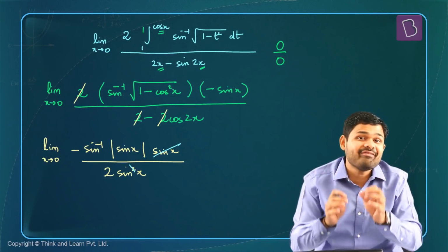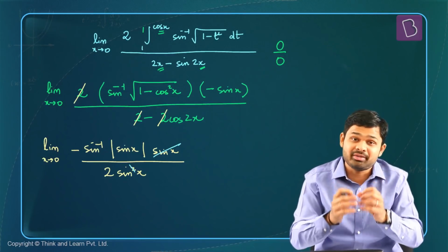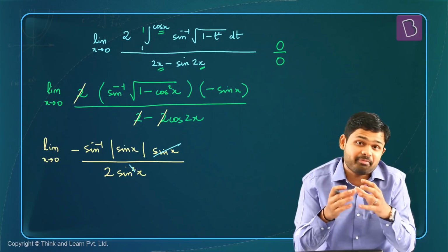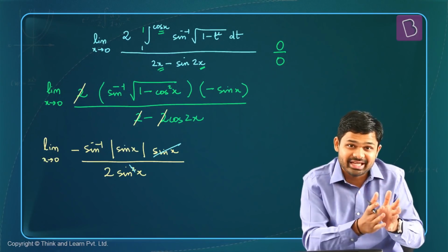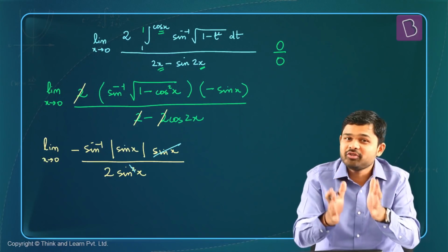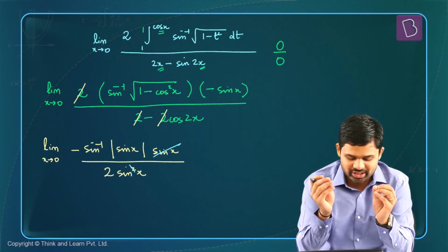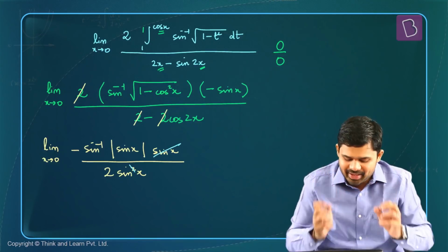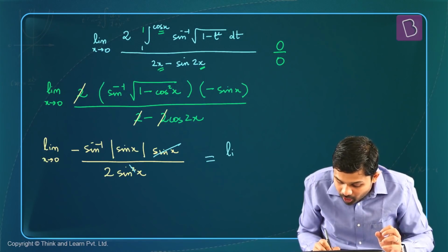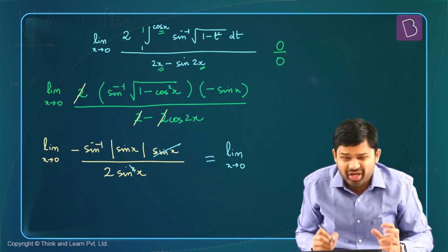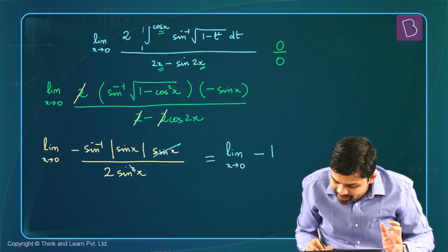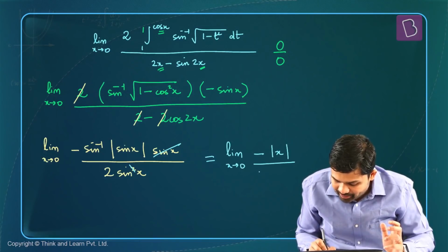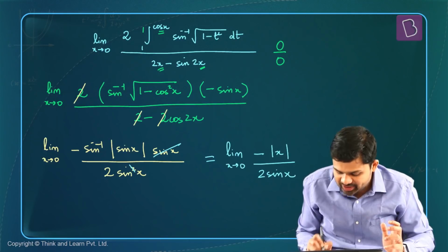So it is going to take a value which is equal to sine x, the positive value of sine x. Even if x is negative, you're going to get the mod of sine x to be a very small positive value. So sine inverse of mod sine x can be written to be equal to mod x, because x is very close to 0. So this can be written as mod x divided by 2 sine x.